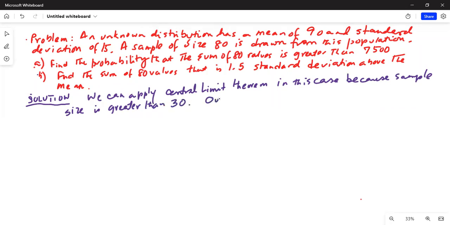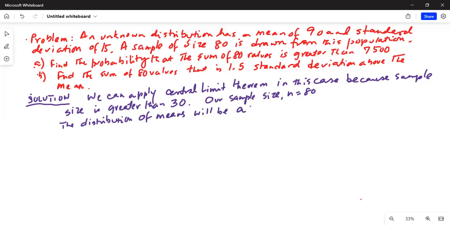Our sample size n is equal to 80. So if we draw a sample of size 80 from an unknown distribution population, the distribution of means will be a normal distribution. Normal means bell-shaped distribution.